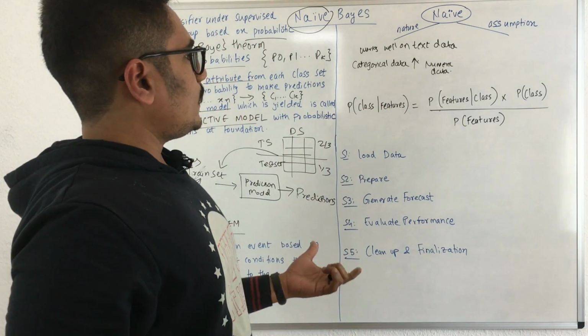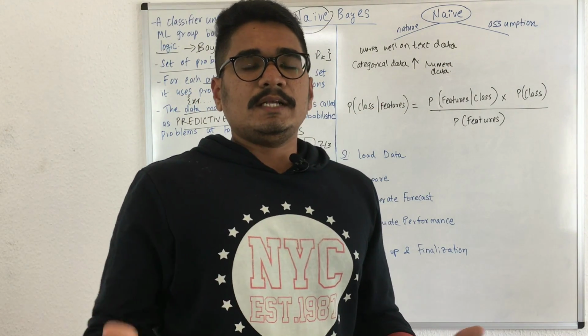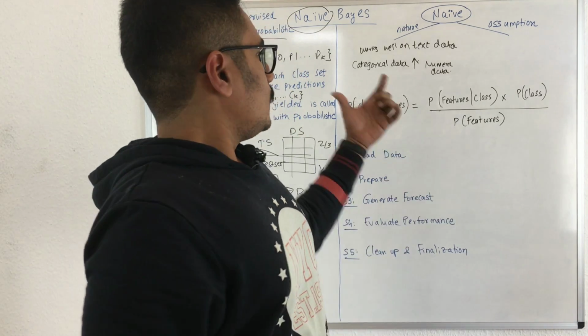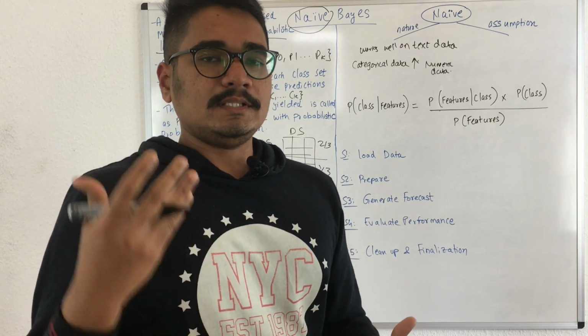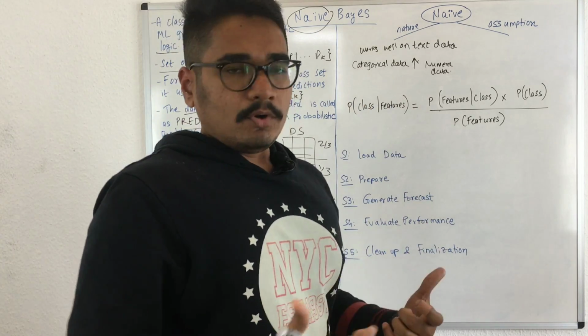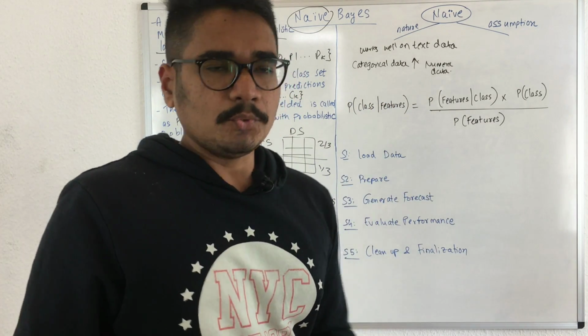Categorical data is like marital status, that is single, married or not married. It functions well on that, and it performs very poorly on numerical data.